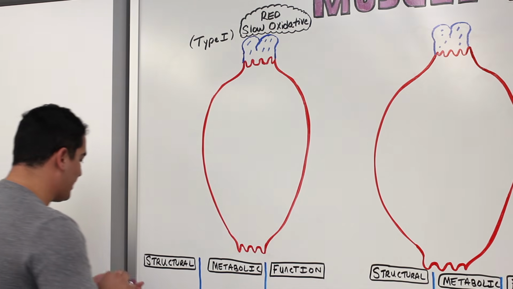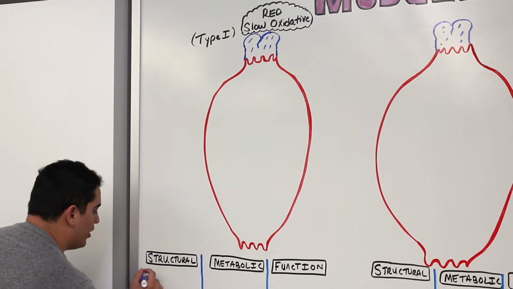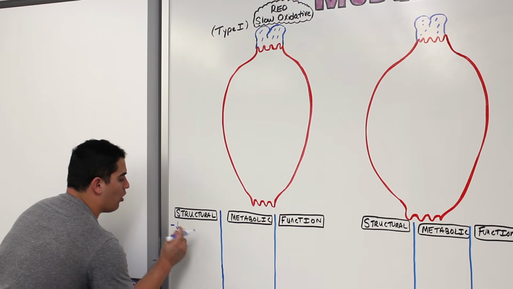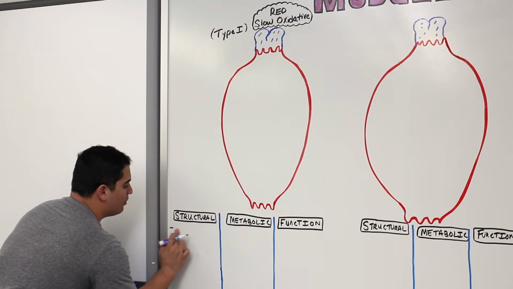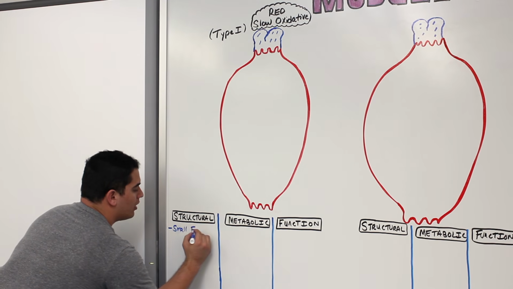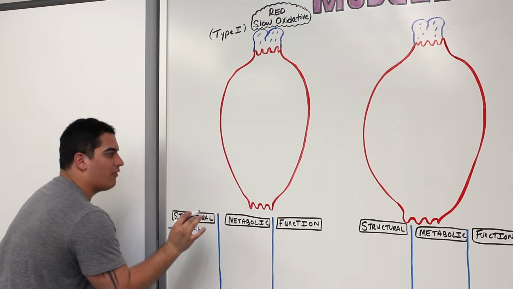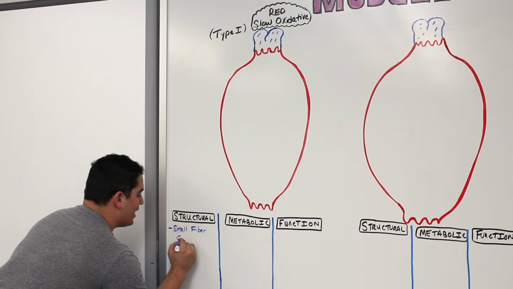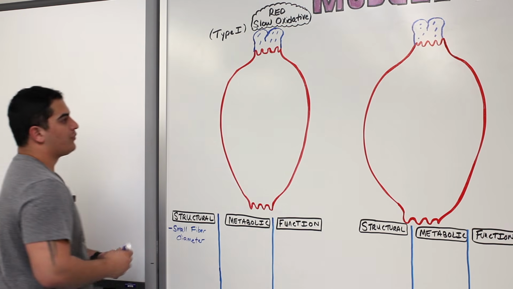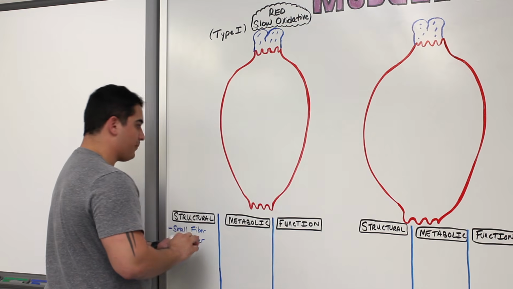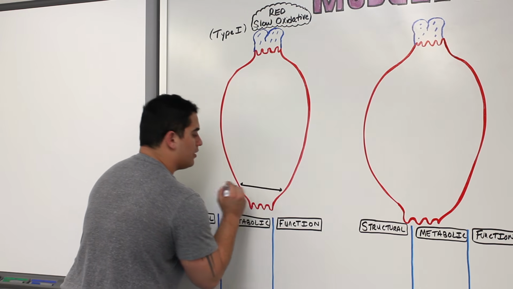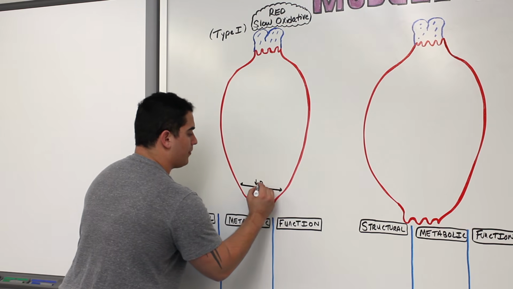So if that's the case, then the fiber diameter should be very small. So it should have a small fiber, and a fiber is just a muscle cell, diameter. Okay, so that's one thing. So if you look at the diameter of this guy, as compared to all the rest of these, it's a lot smaller diameter. Okay?